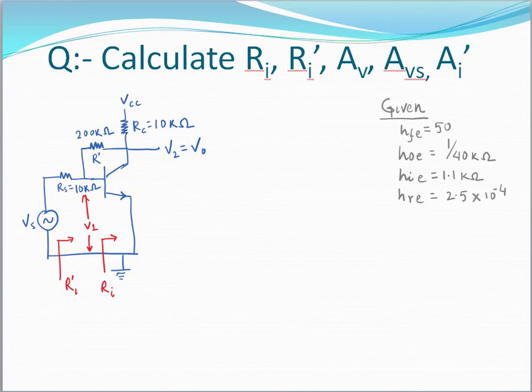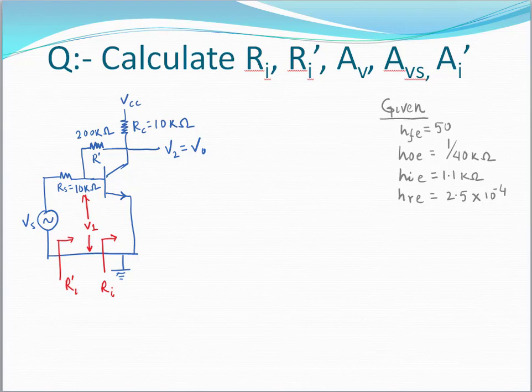that if there is any feedback element in between the input side and the output side, then that feedback element can be broken into two parts. One part will come into the input side and the other part will come to the output side. So let's begin.